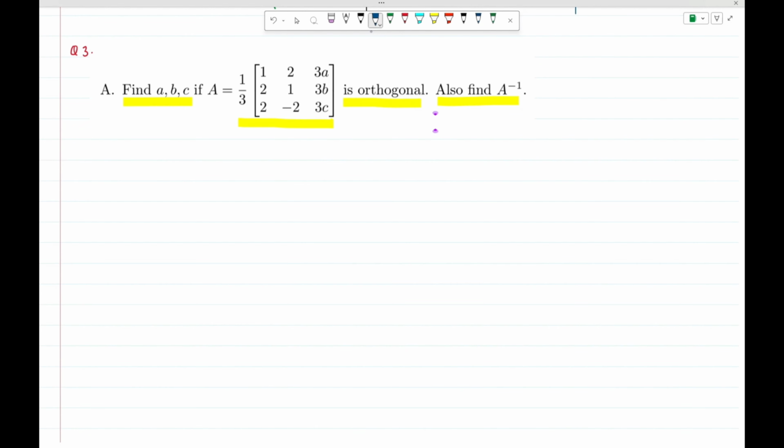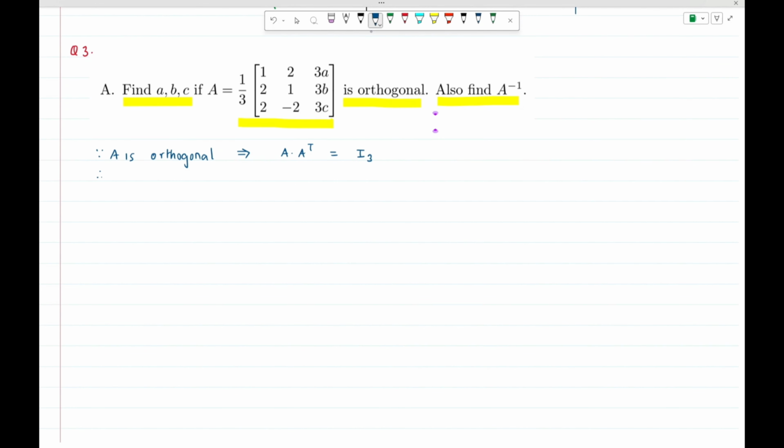Now to start with, we'll take the help of orthogonality of a matrix. So we know that since A is orthogonal, this implies that A times its transpose is going to be the identity matrix of order 3.